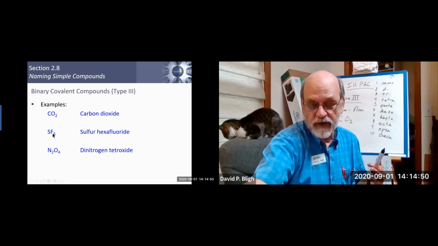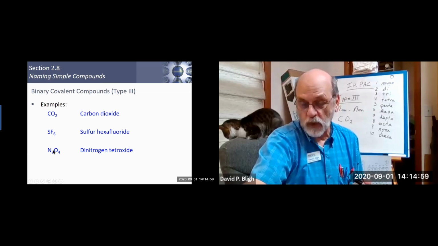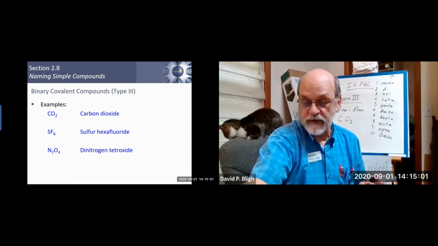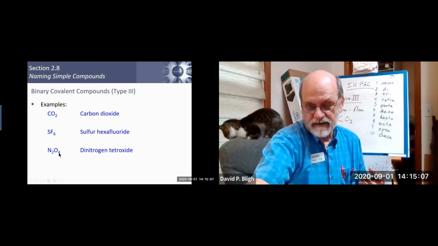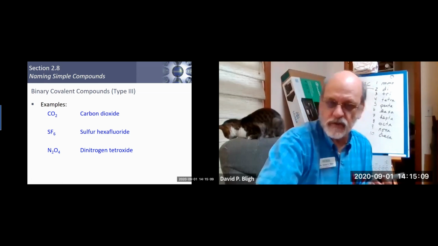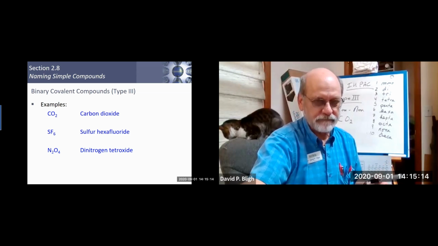And we have 6 fluorines. So it's sulfur hexafluoride. Now, if your first element is more than 1, you do give it the prefix that's required. So this one would be dinitrogen tetroxide. And for aesthetic purposes, we drop the A. We don't say tetraoxide, we say tetroxide.